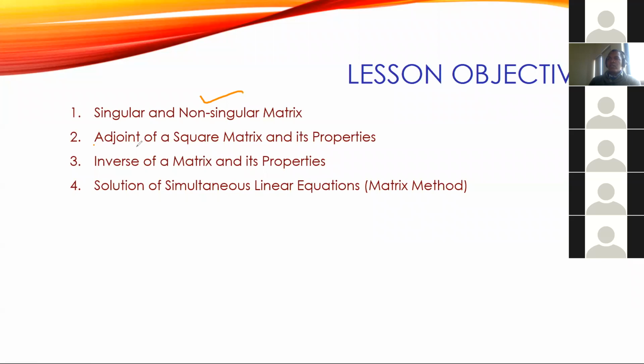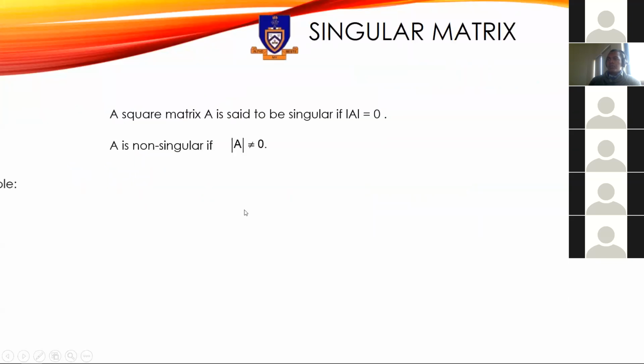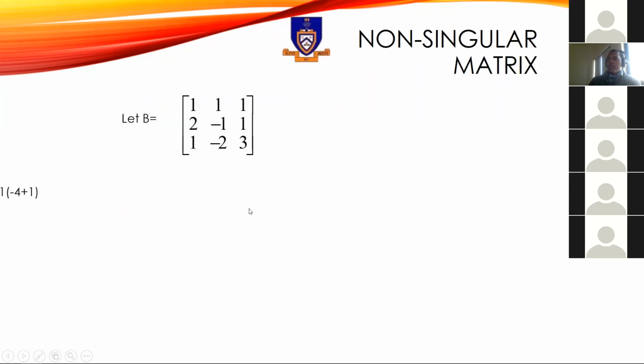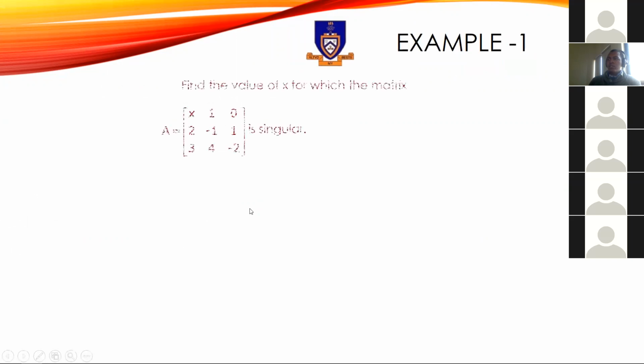We have not talked about the adjoint of a square matrix and its properties. Okay, so the adjoint is another one again that we need to look at, and then we will look at the inverse of a matrix and its properties, and then we will look at solutions for simultaneous equations. This will be probably tomorrow, right? All right, so let's get down to the crazy stuff. All right, so it is going to get crazy.